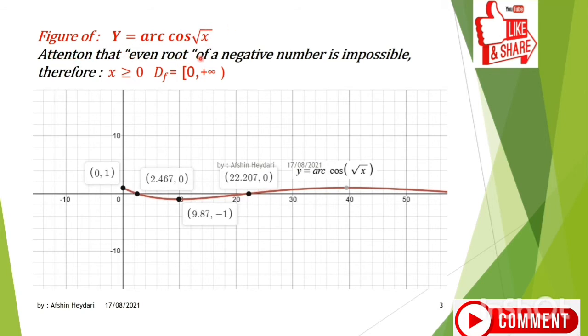Attention that even root of a negative number is impossible. Therefore, x should be greater than 0 or x equals 0. We can show the domain like this as well. For 0 is closed, and for positive infinity is open.